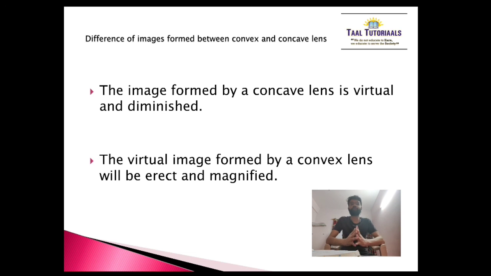The image formed by a concave lens is virtual and diminished, and for a convex lens, the virtual image formed will be erect and magnified. So class, for this PPT we are ending here only.